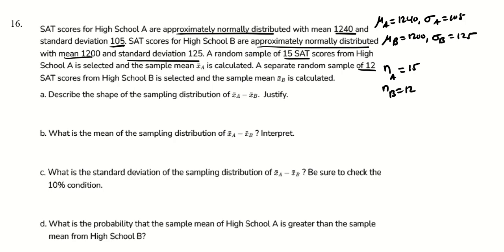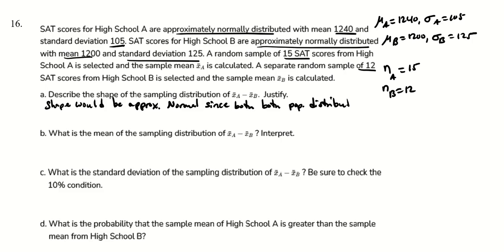To describe the shape, in this case, the shape is going to be still approximately normal because both population distributions are approximately normal.